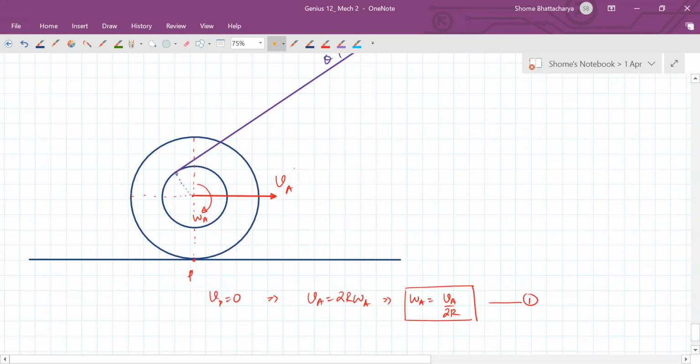You can see that if I just call this point Q, the velocity of the point Q with respect to the spool will be equal to r omega, so that will be VA by 2. So velocity of the point Q on the thread will be the velocity of Q with respect to the spool plus the velocity of the spool.